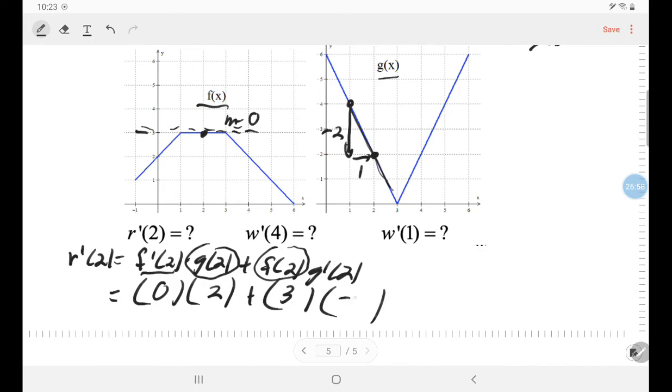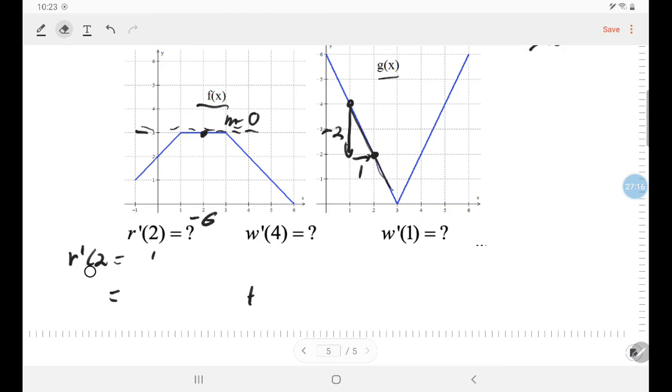So negative 2 over 1 is negative 2. So I get 0 minus 6 or negative 6 for r prime of 2. Okay? That's the basic idea here. F and g are y values. F prime, g prime, they're slopes. I'm just going to go ahead and circle this because that one's done.